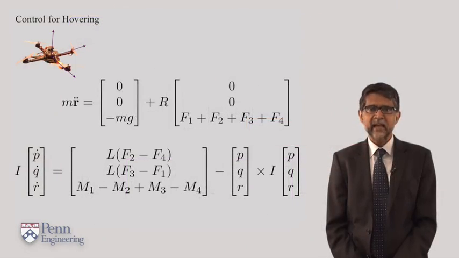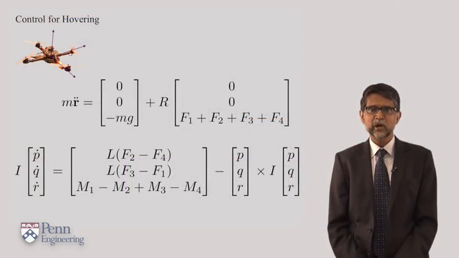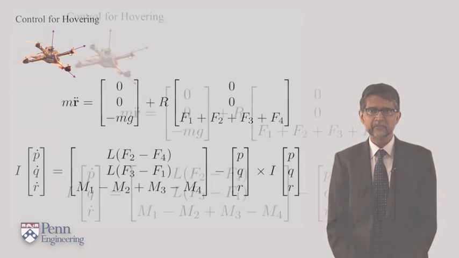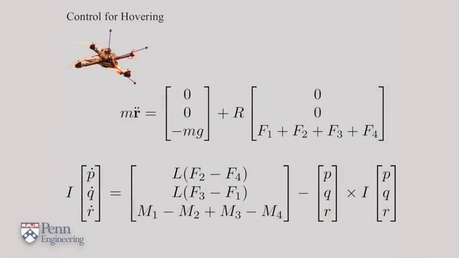Rather than looking at the general trajectory following problem, let's focus our attention on a very specific case, the case of hovering. So in hovering, the position and orientation are fixed. In other words, all velocities are 0. Further, the roll and pitch angles are equal to 0.